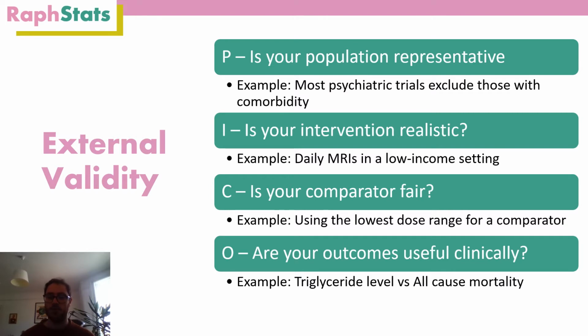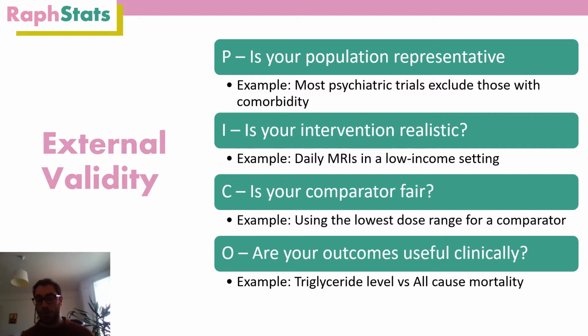But there are also sometimes problems with not using the same doses, so using doses at the top of the dose range for your intervention and at the bottom of the dose range for the comparator they're trying to prove that they're better than. Although you might have very thoroughly proved that a dose at the top of your dose range is better than the lowest dose range of the comparator, that's not necessarily meaningful in the real world when you're going to be using similar dose ranges.